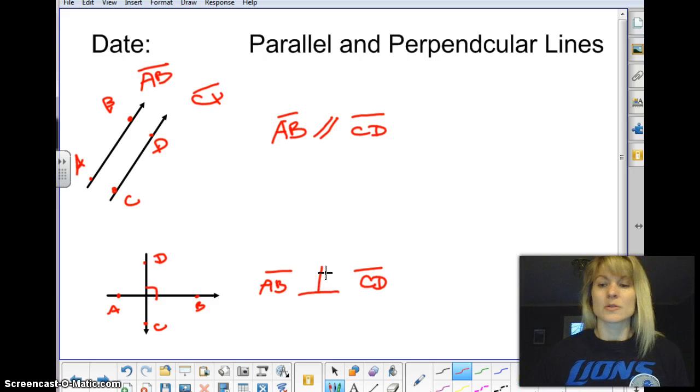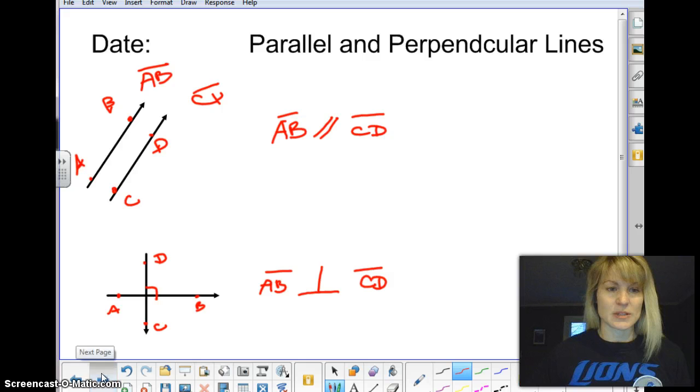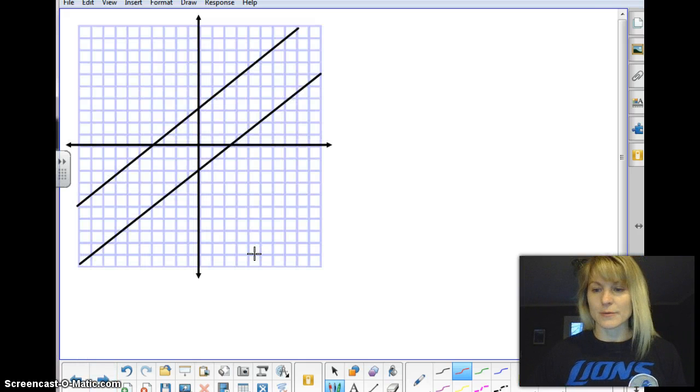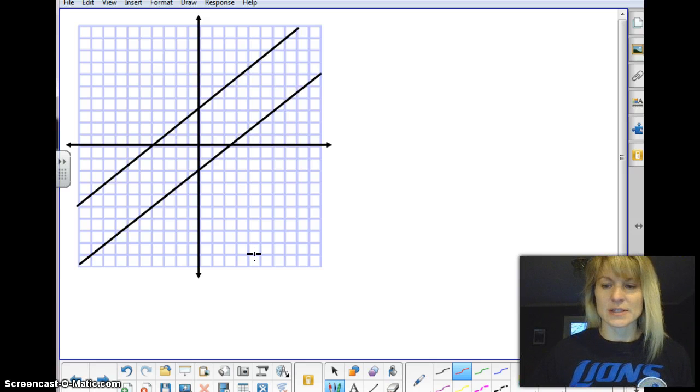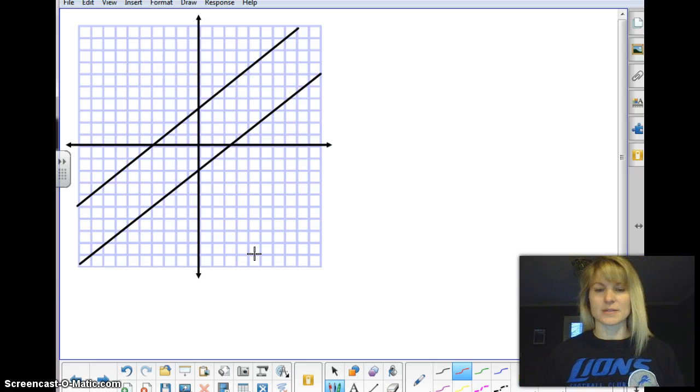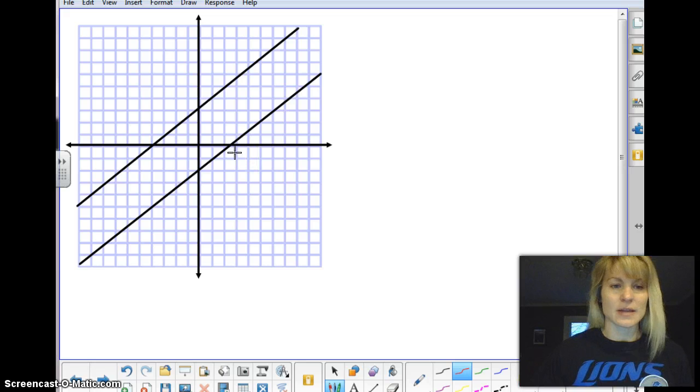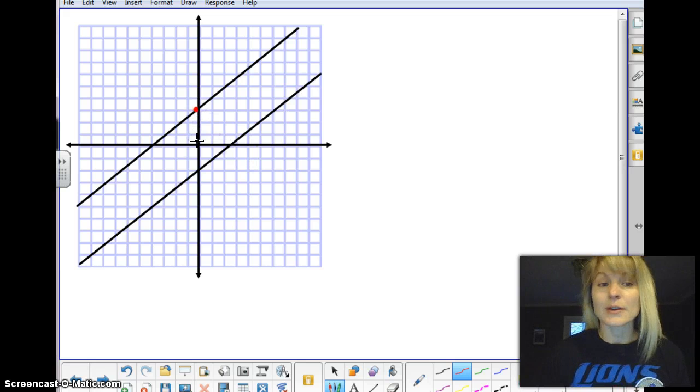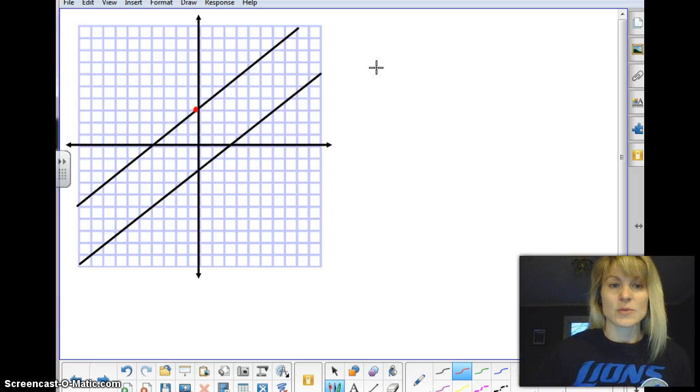Okay, so we're going to explore this relationship between these two things. We want to look at the parallel first. Obviously, parallel lines are two lines that continue forever but never intersect. Okay, so if I look at this line here and I want to create its linear equation, first we know that we're going to put it into slope-intercept form, right?